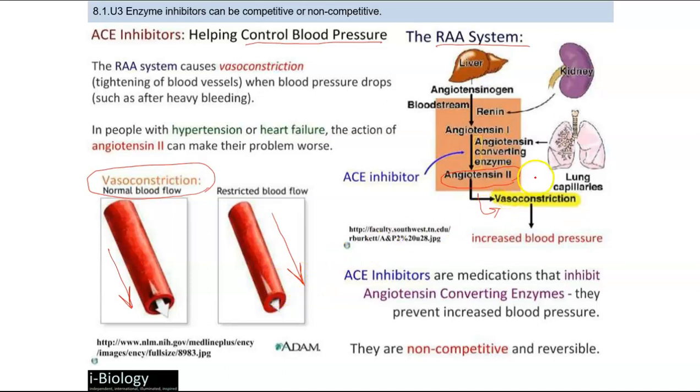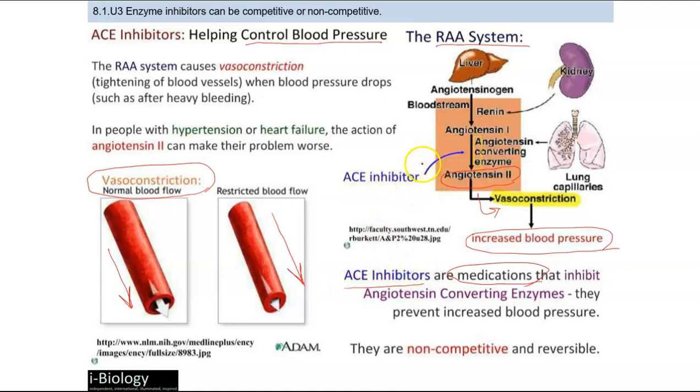And with the action of vasoconstriction, the blood pressure goes higher, and it causes problems for people who have heart problems or blood pressure problems. So the doctors will prescribe medications called ACE inhibitors.